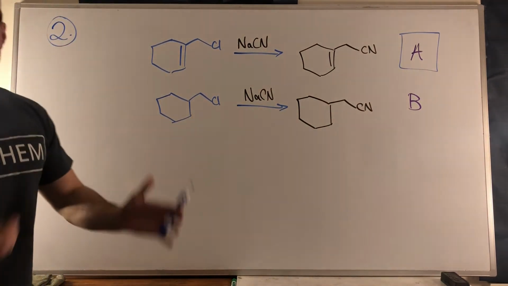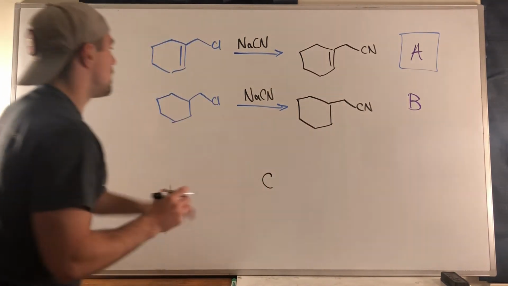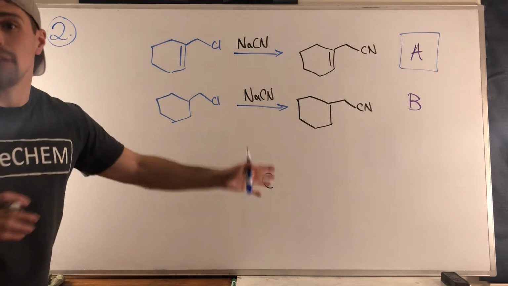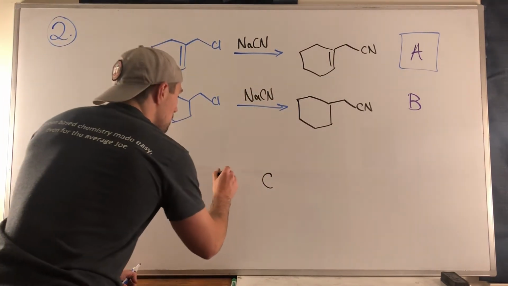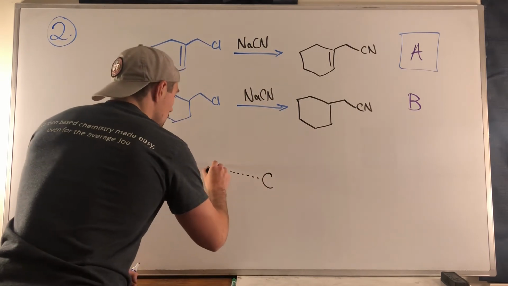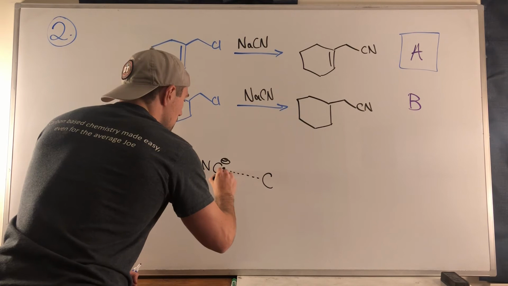So, quick reminder that in SN2, if we were just going to zoom in on either of these carbons, forget allylic position aside, what happens in the transition state is this bond is forming from CN minus, a lone pair from CN minus.